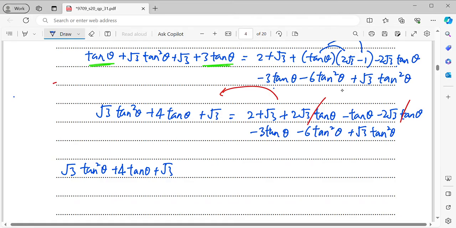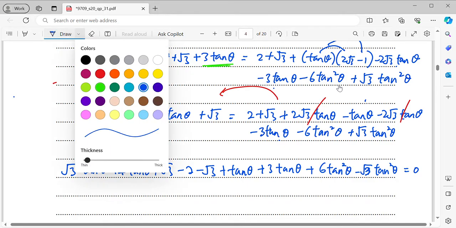Then when I move all the terms on the right side to the left side, I will be getting −2 − √3, you have to change the sign. Then the minus tan θ becomes plus. Then here is plus 3 tan θ plus 6 tan² θ minus √3 tan² θ equals 0. So now we need to get the quadratic equation.